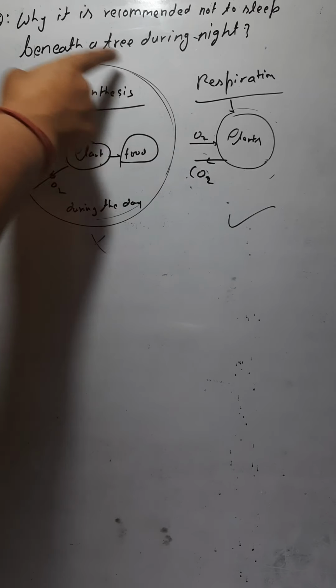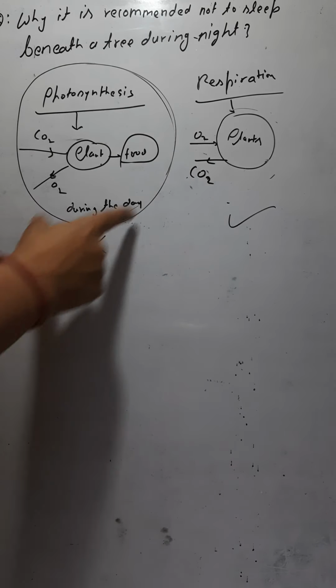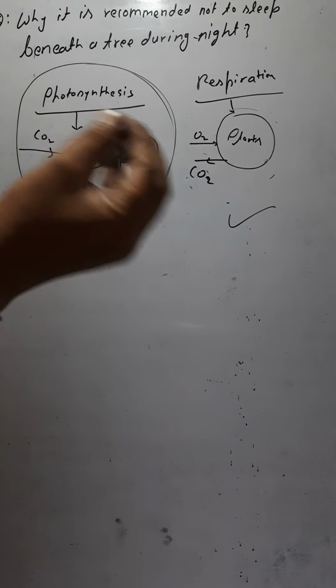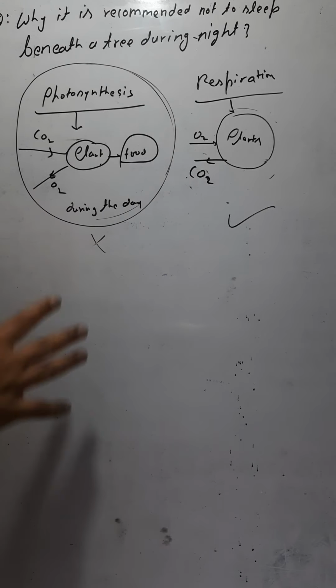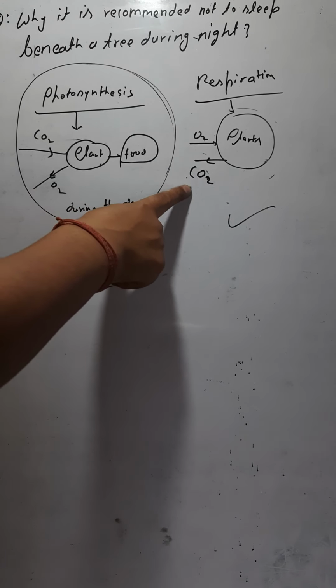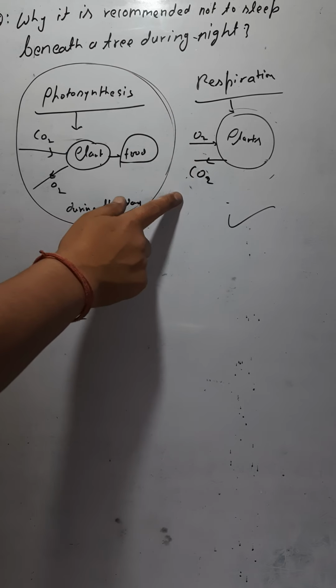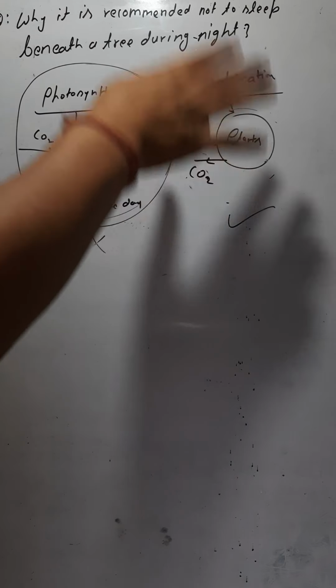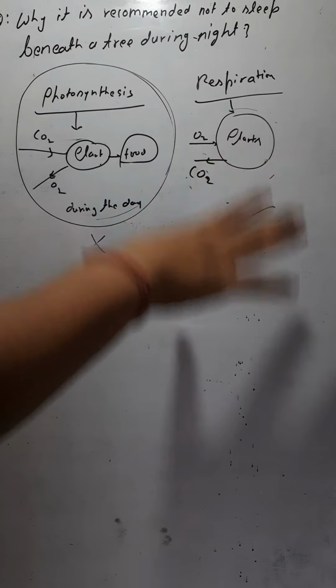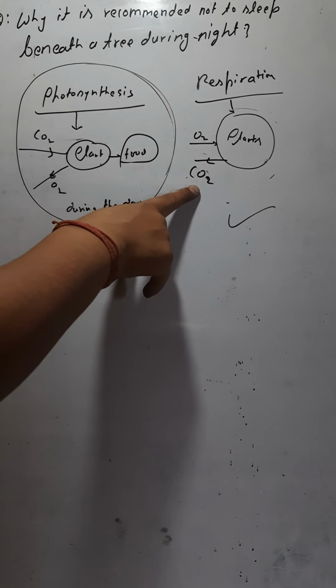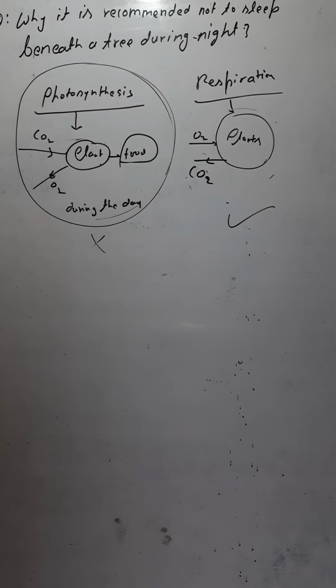Photosynthesis is not taking place during the night, so plants are not releasing oxygen. Rather, they continue to release carbon dioxide. Are you getting this? You would feel suffocated, because you are not getting oxygen there.